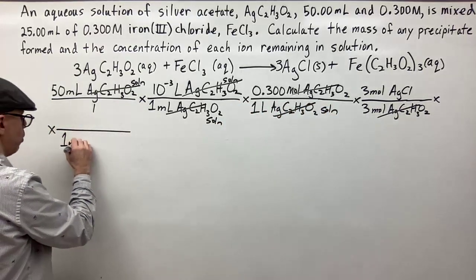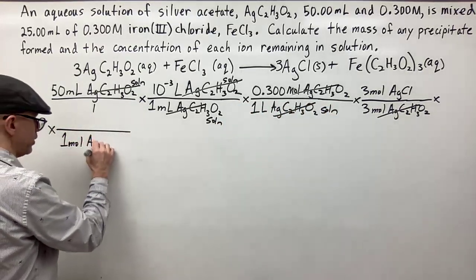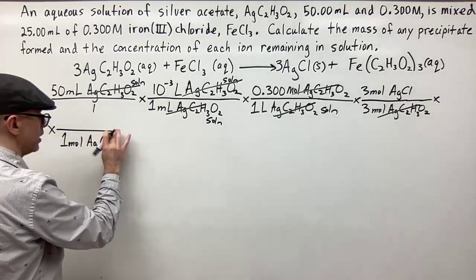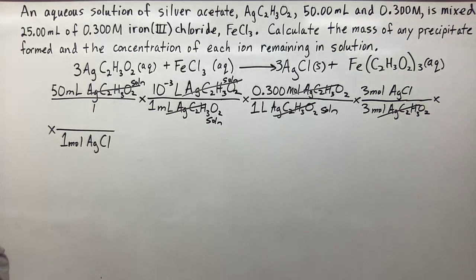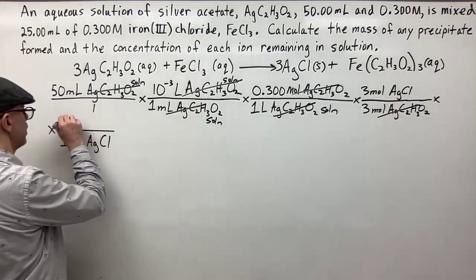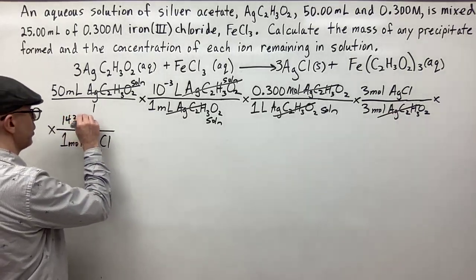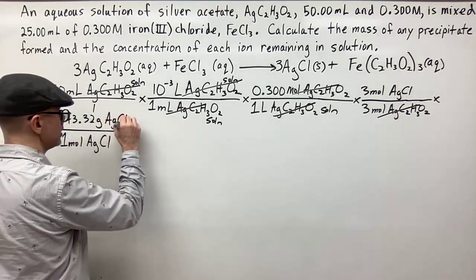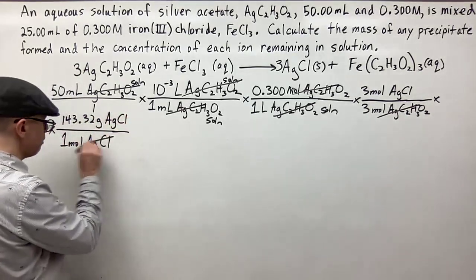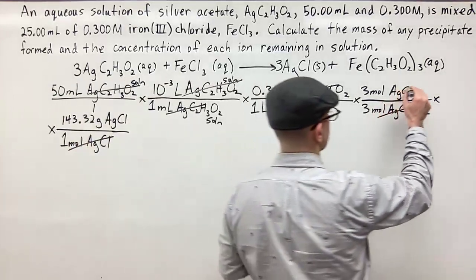So 1 mole of AgCl on the bottom, and then the molar mass, the grams, that's going to be 143.32 grams of AgCl on top. The moles of AgCl are going to cancel out.